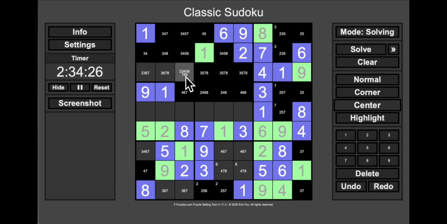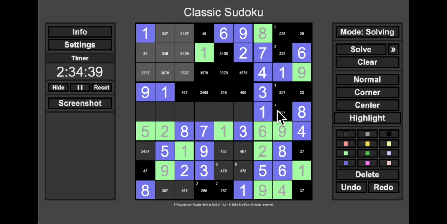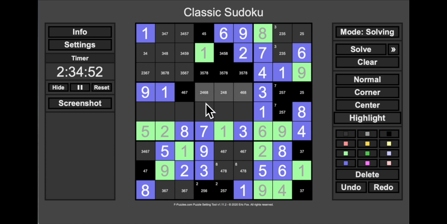This one, 2 or 8 are out by column, then 4 and 9 by row, so 3, 5, 6, 7. Oh, this could never have been a 2.